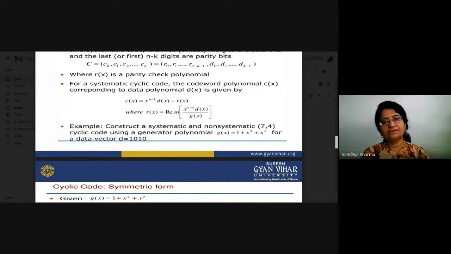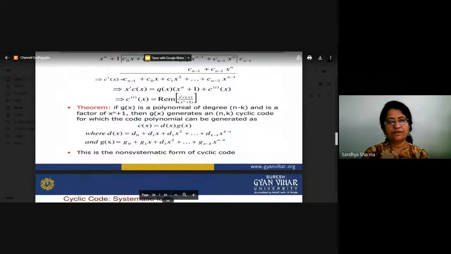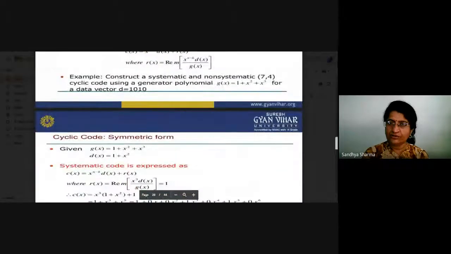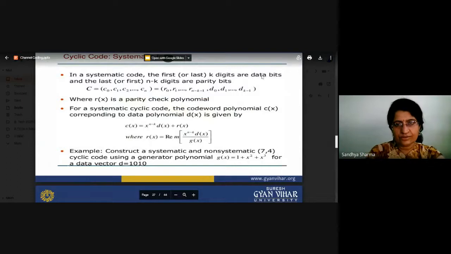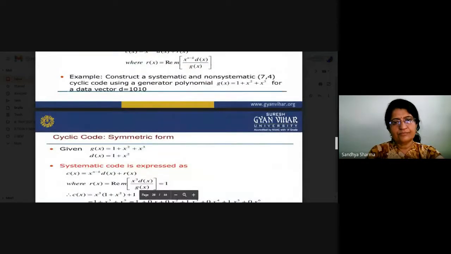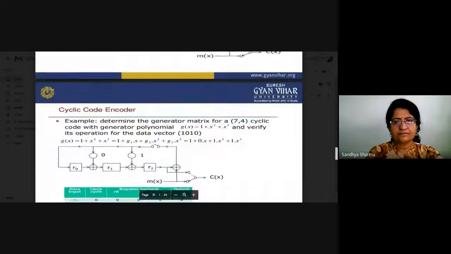If any received word is given, first of all you have to convert the received word into polynomial form, and this is the basic equation. This is the definition of our syndrome.